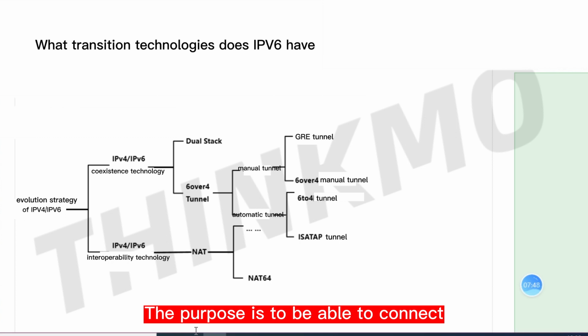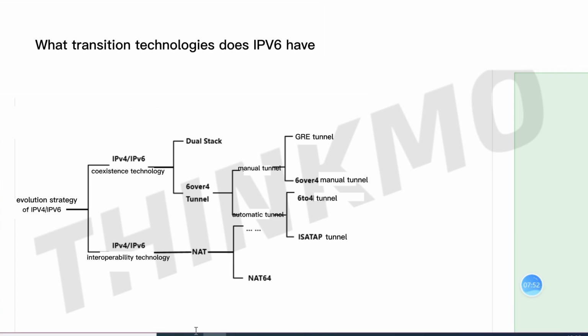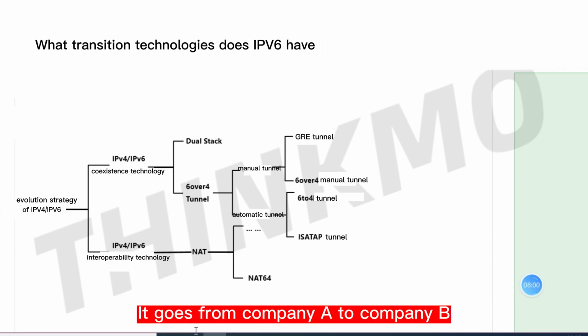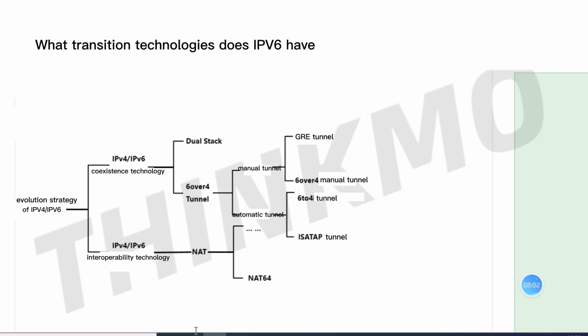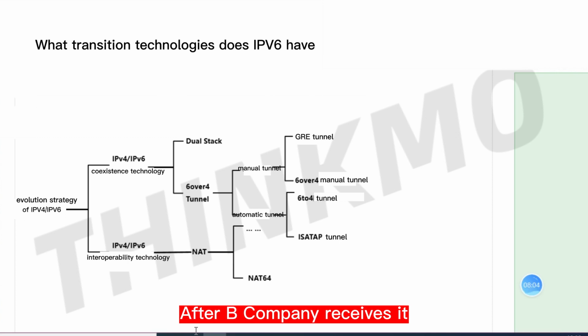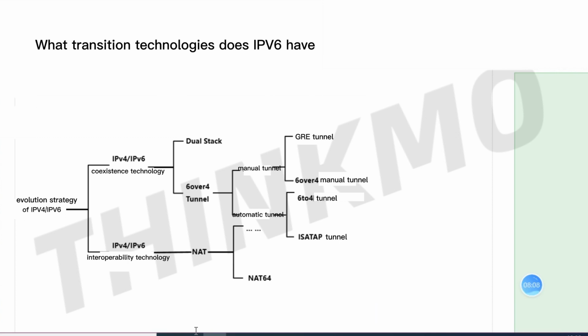The purpose is to be able to connect over the public network or the Internet, sending IPv6 packets from one end to the other. It goes from Company A to Company B, and after Company B receives it, it is unsealed. That's how it works to send IPv6 packets.